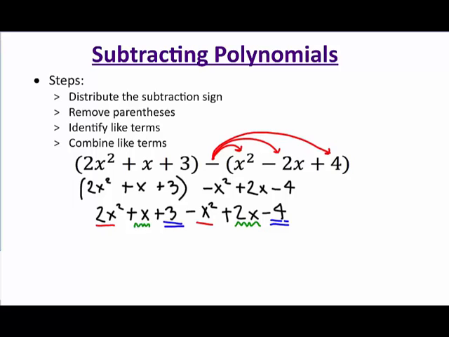I'm going to group my like terms. So 2x squared and a minus x squared. And then I have a positive x and a positive 2x and a positive 3 and a negative 4.